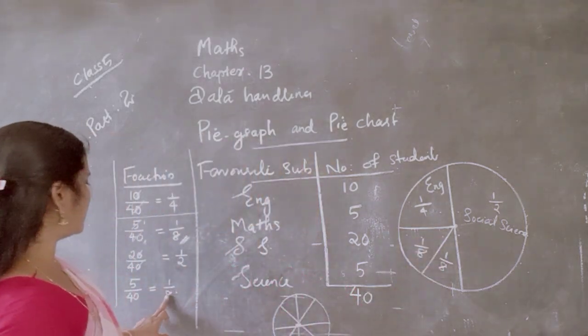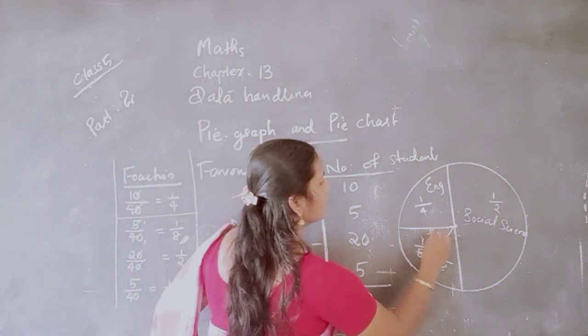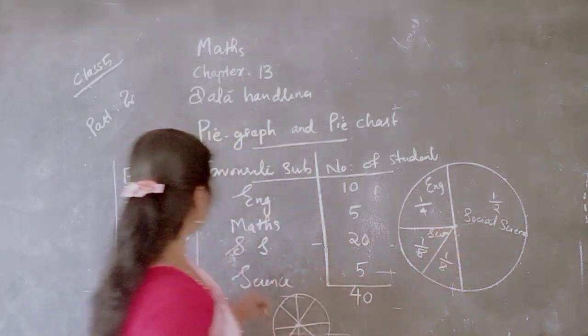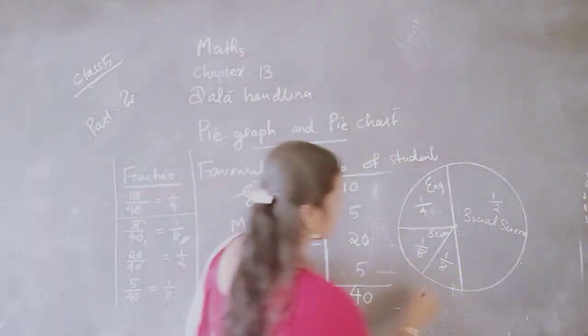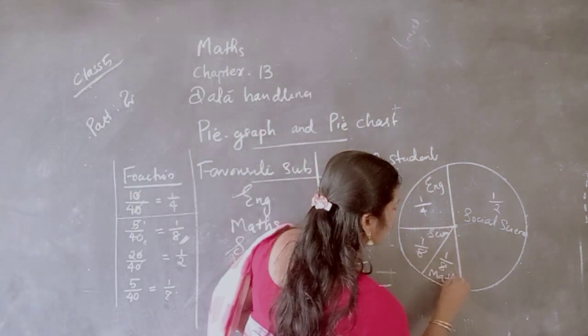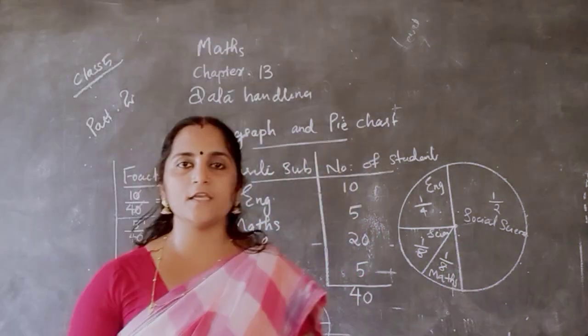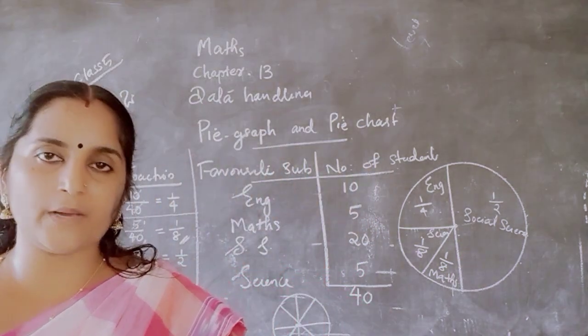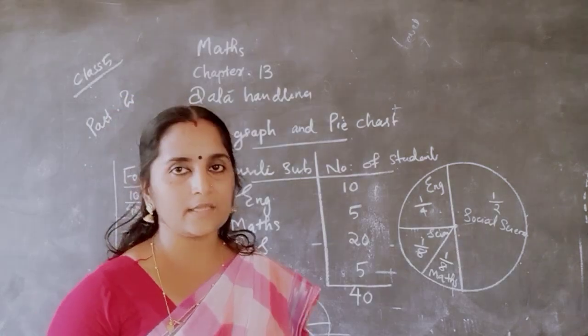So we can represent 1 by 8 as one portion science and another portion maths. In this way, we can represent the given information using a pie chart or a pie graph.